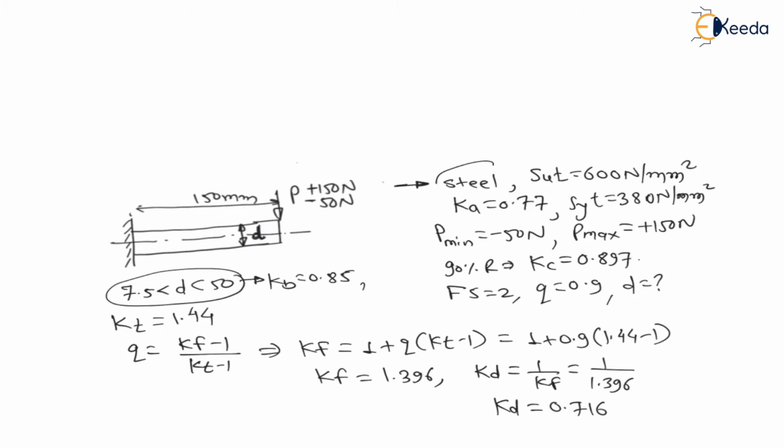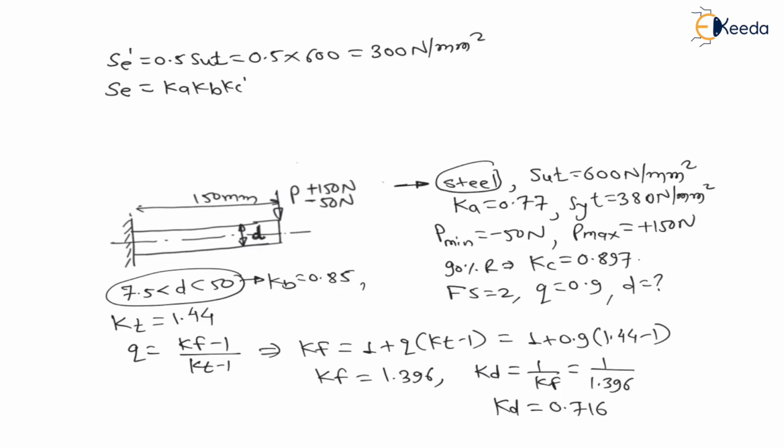Now as the material is steel, for steel the endurance strength Se dash is 0.5 SUT, which is 0.5 into 600. Therefore Se dash will be 300 Newton per mm square, and the corrected endurance strength Se is nothing but Ka, Kb, Kc, Kd, Ke, Kg, Se dash, right?